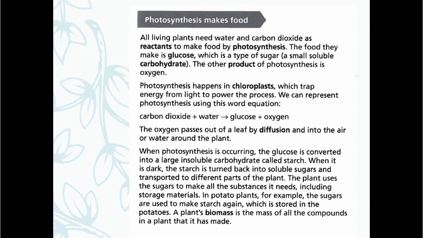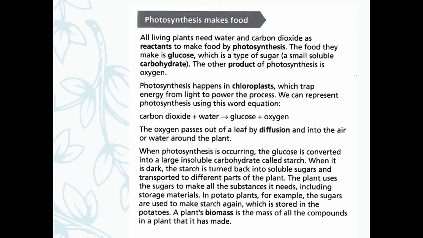Okay, what is a biomass? Bio means living, and the mass is the mass of all the substances that are made from living organisms. So a plant biomass is the mass of the substances that the plant made. For example, the glucose, the starch, cellulose, everything that the plant makes afterwards from glucose.